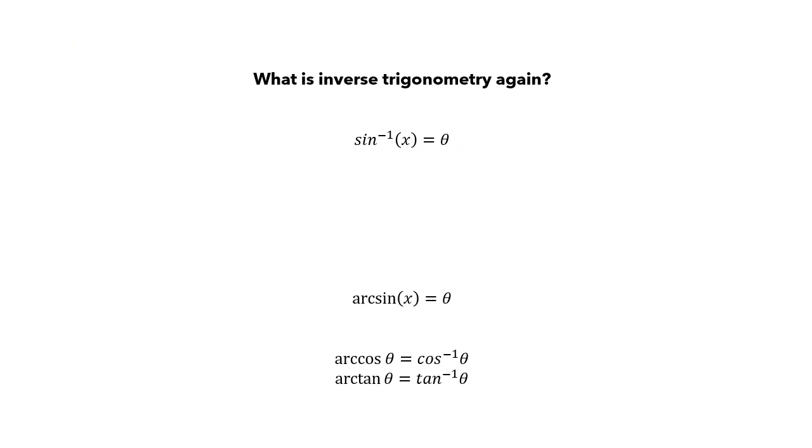So what exactly is inverse trigonometry? Well, we have written inverse trig as sine to the negative first, for example. That is the notation we use, this little negative first, which we read as inverse sine of x is equal to theta.